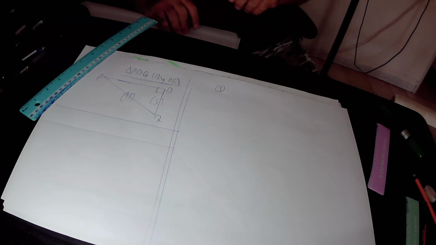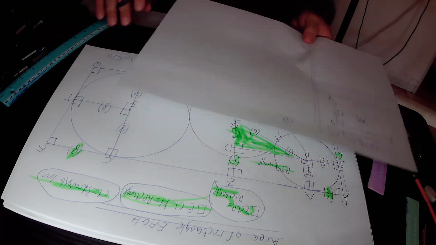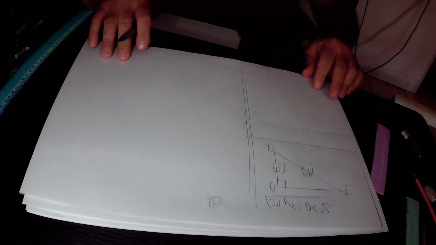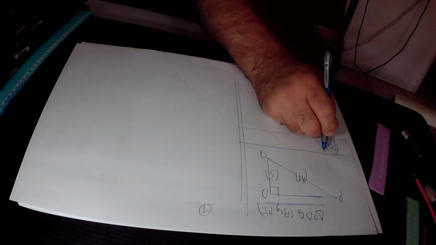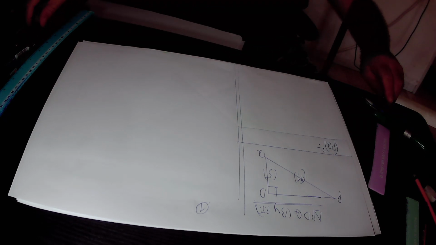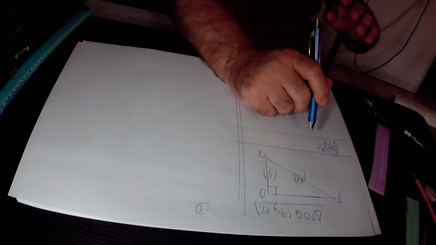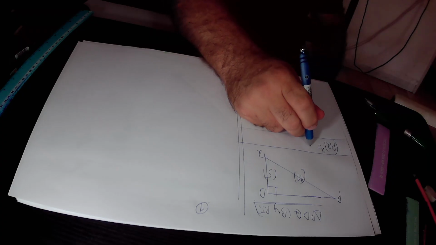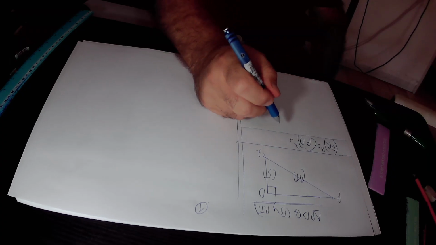So I write it down. PQ squared, that is the square of the hypotenuse, equals PD squared plus DQ squared.